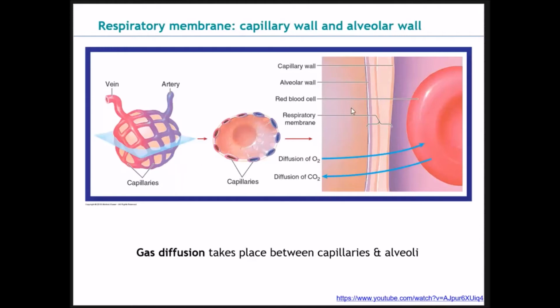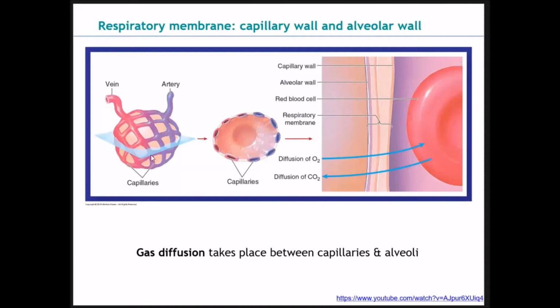This here is the alveolar wall, and here's our capillary wall. You see this point out right here. This is the respiratory membrane. This respiratory membrane is very thin, only about 2 millimeters thick. This is the membrane that CO2 has to diffuse across.